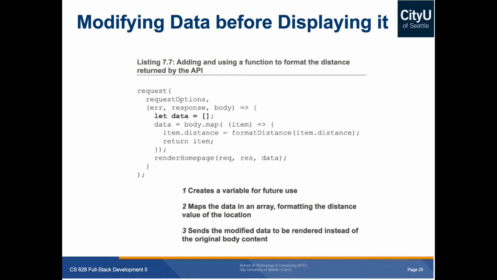From the body, we want to access each of the items inside the body, and for each item's distance, we want to format it, to again give it precision, because humans won't read something like 9 decimal places. Maybe 2 to 4 decimal places at most. Okay, so that's what map is doing. It's basically altering the data and putting it back in, and it's not reducing or deleting. Okay.